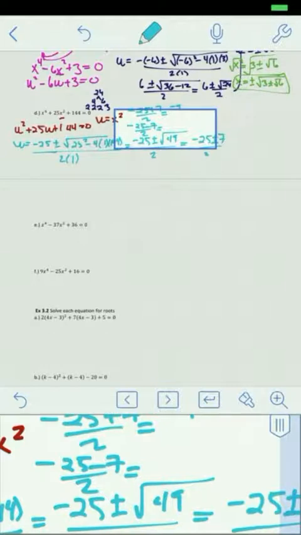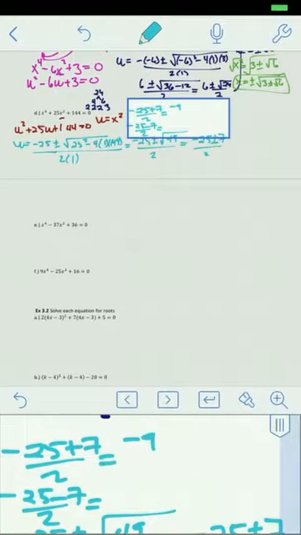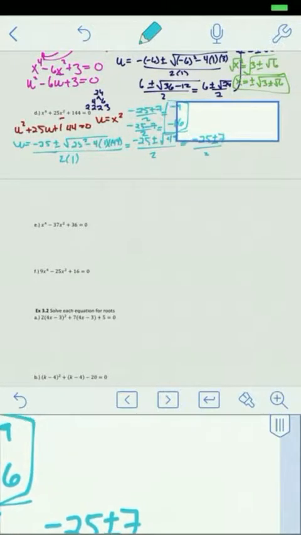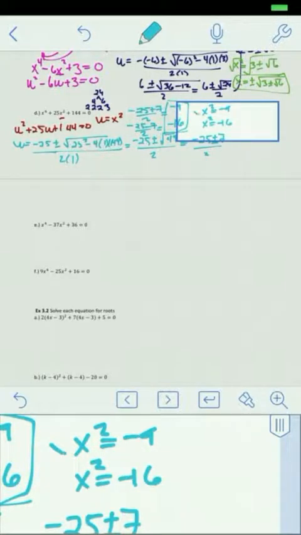Negative 25 minus 7 would be negative 32 divided by 2, which would be negative 16. So it looks like you can factor that one as well. But we get 2 answers for u, negative 9 and negative 16. So then in other words, x squared is negative 9, or x squared is negative 16.